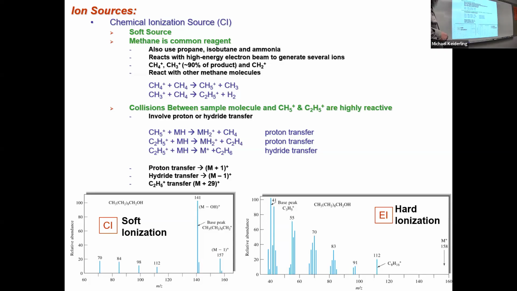You tend to generate M-OH, maybe M-1 or M+. You often get M+1, M-OH, or M+C2H5, which is M plus 29. Those are some common things that are formed. Plus one and minus one are pretty common. That's adding a proton or removing a proton, a hydride transfer.